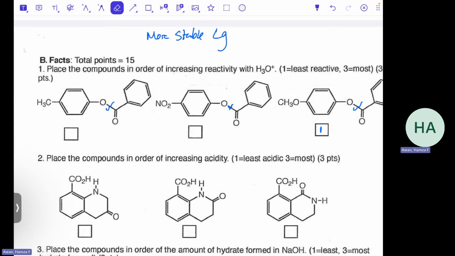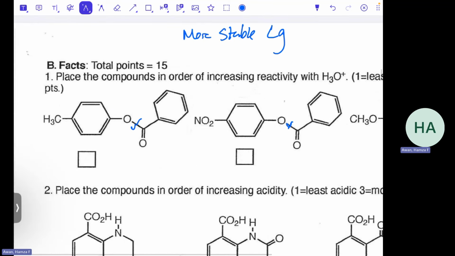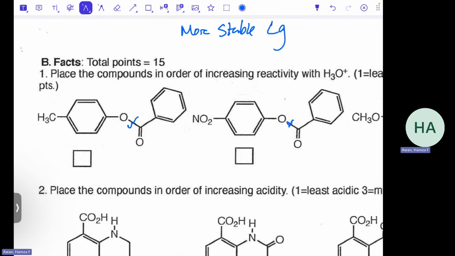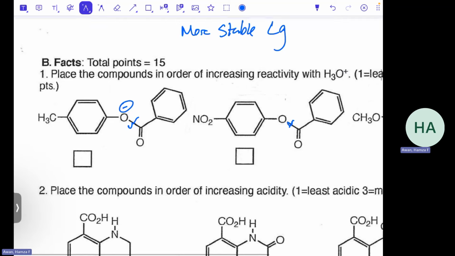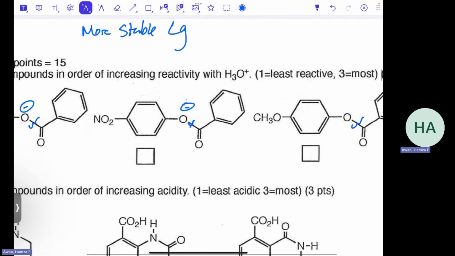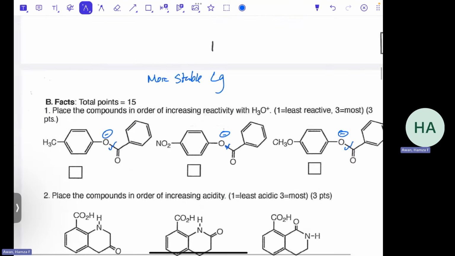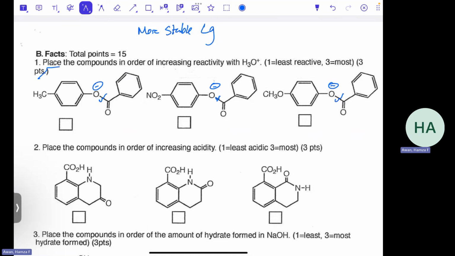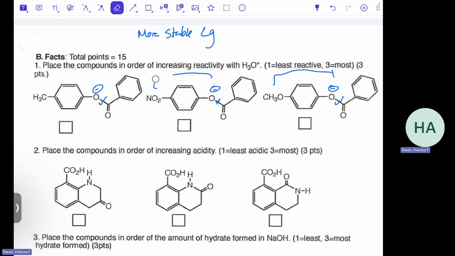To start, whenever we make these leave, these are all going to be O-. So we have O- all the way, and we're only going to look at this first part, and see how stable the leaving group would be. So for the first one, we have an electron donating group, this CH3, by induction.